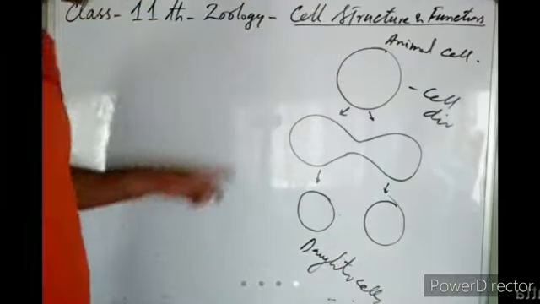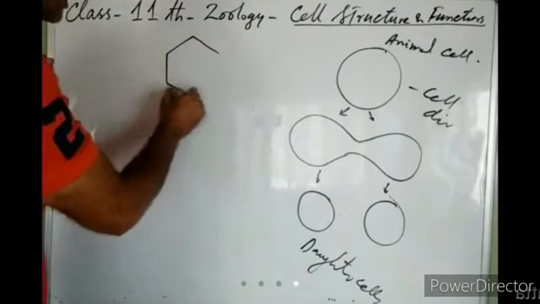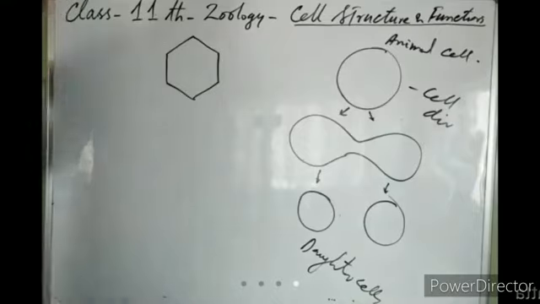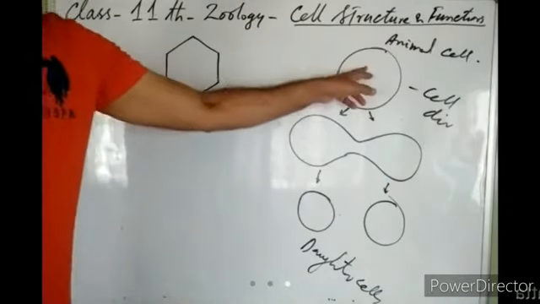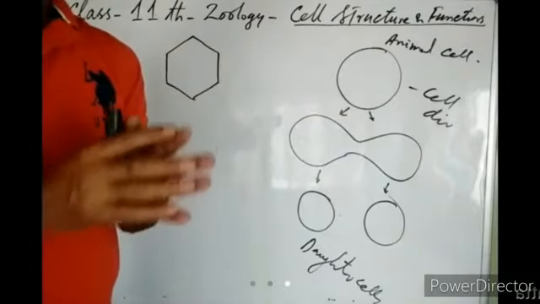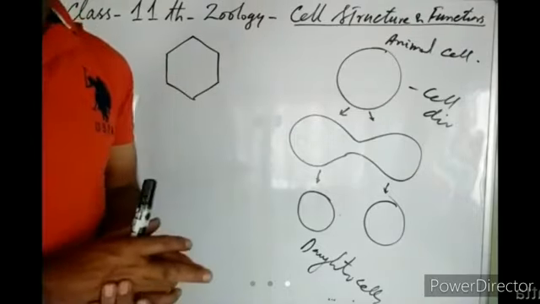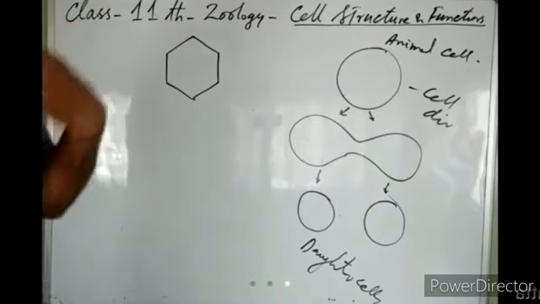What happens to a plant cell? How does a plant cell divide? In an animal cell, the last phase of cell division is cytokinesis, when the cytoplasm is divided.